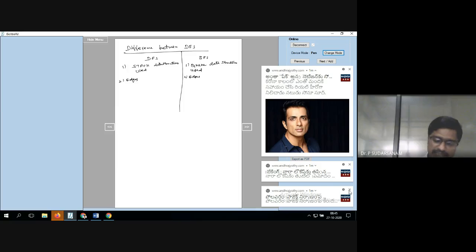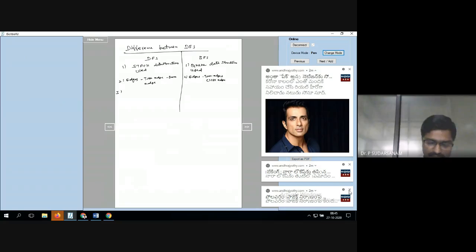That is why tree edge, and that is the back edge. In BFS, tree edge is used, and you will be connecting all nodes. That is called the cross edge. That is the second difference.